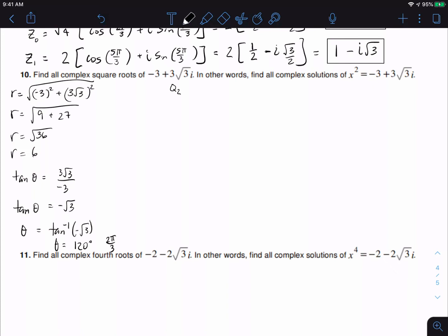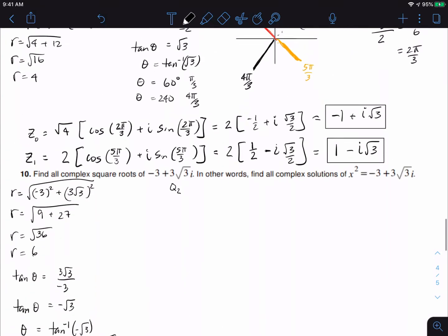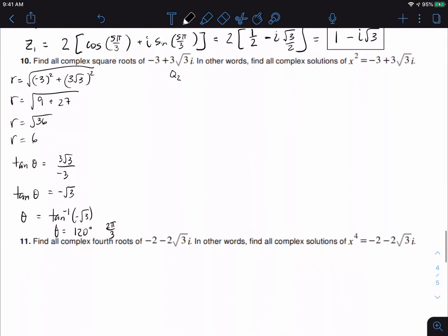Okay. So now that we have that, we need to divide by 2, right? So if we divide by 2, our not angle is going to be pi over 3, right? Did I do that for you guys? Yeah. So let me just show you with a picture again, just so I can be consistent.